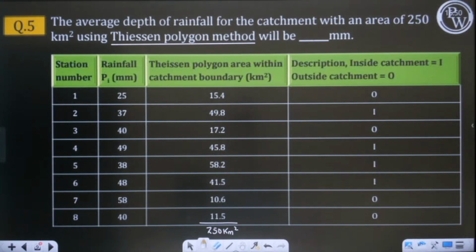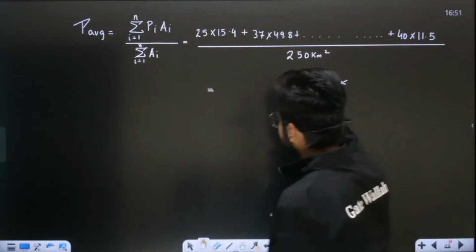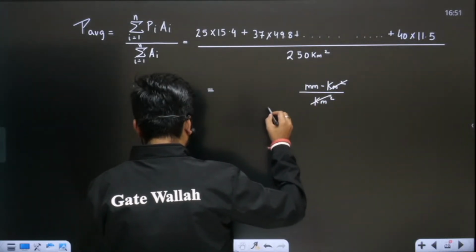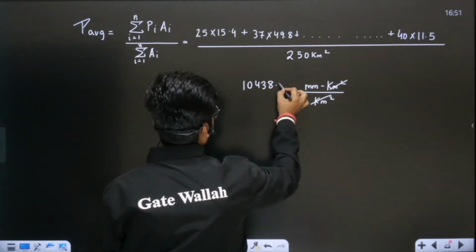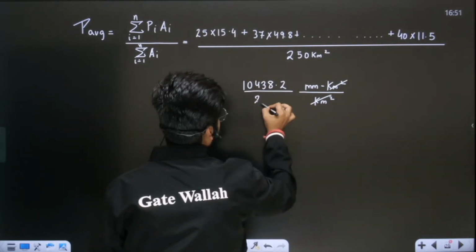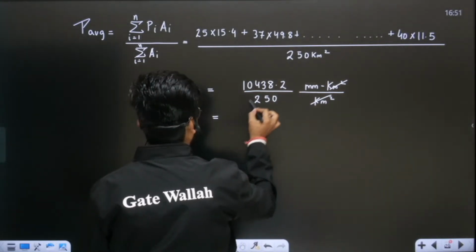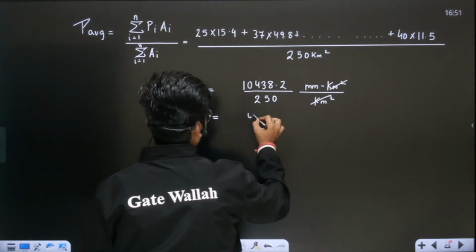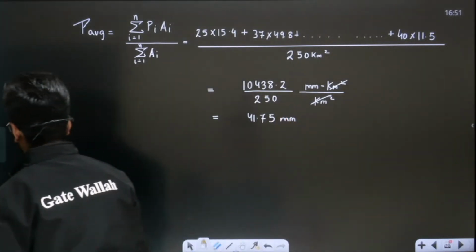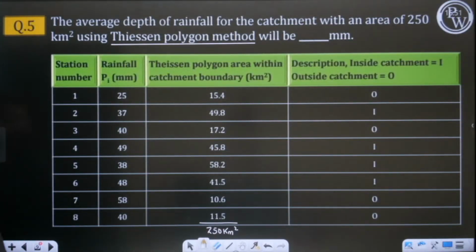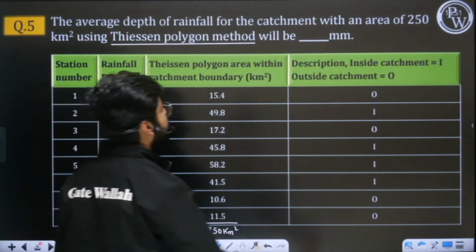This is coming as 41.75. When you multiply them and add it up, the numerator will come as 1038.2 and the denominator will be 250. So when you solve it, you will get 41.75 mm. Are you getting it or not? So this will be 41.75.